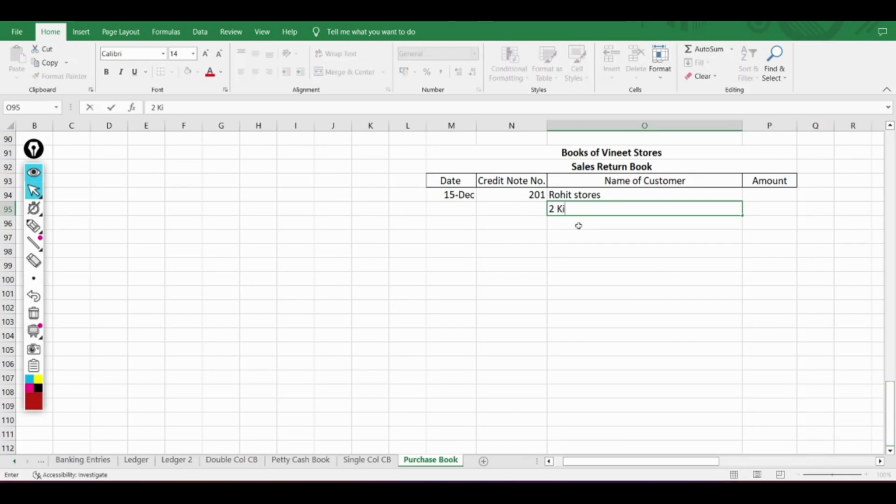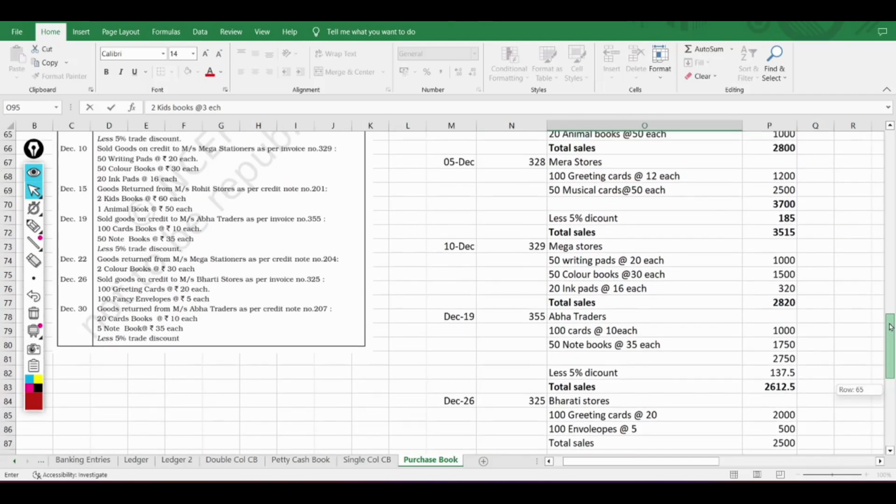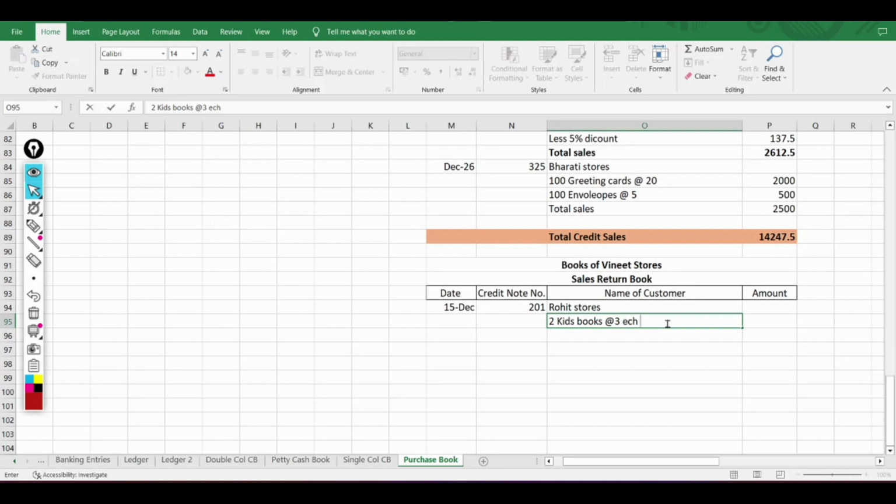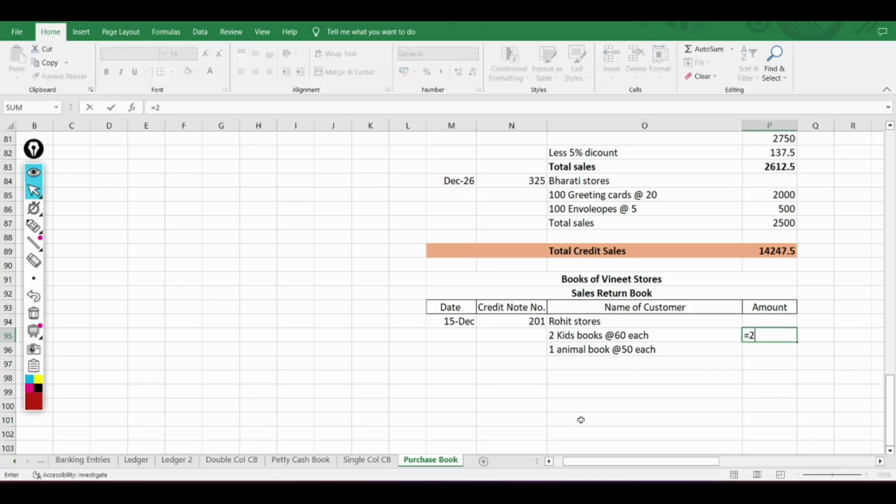2 kids books at 60 each, and one animal book at 50 each. 2 into 60 and 1 into 50, that is 170 rupees.